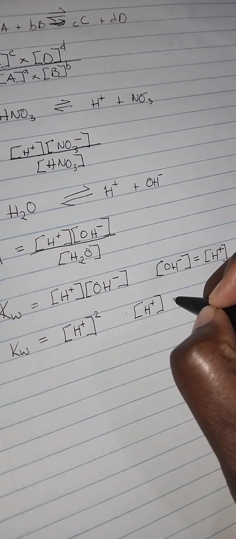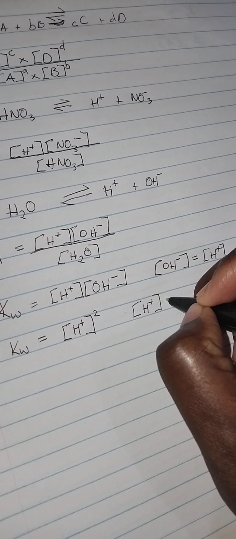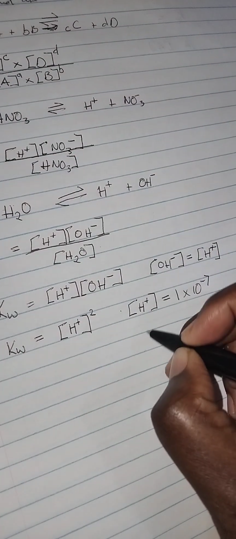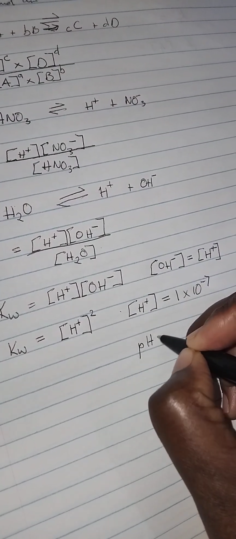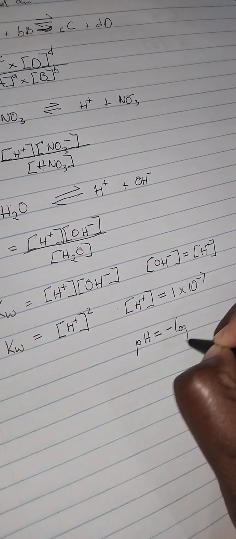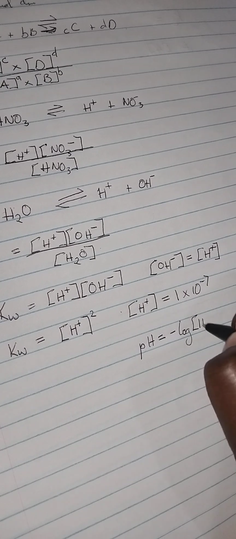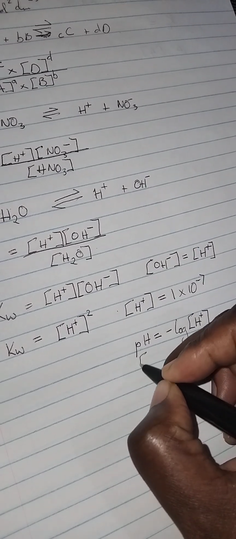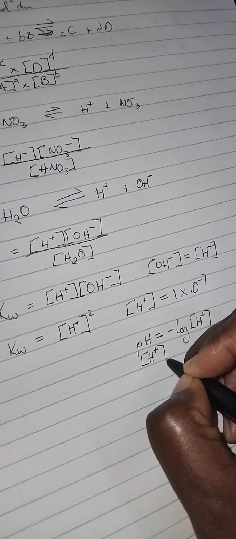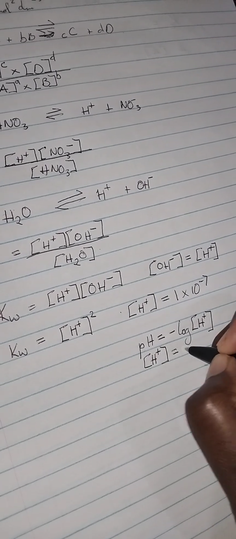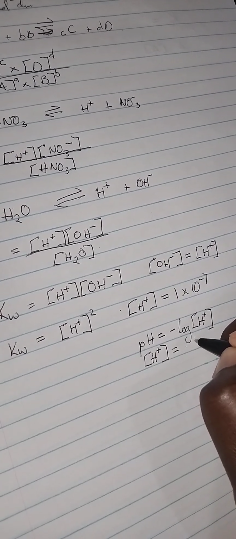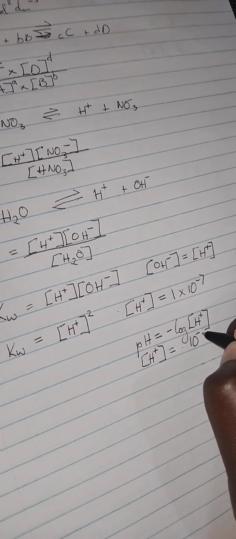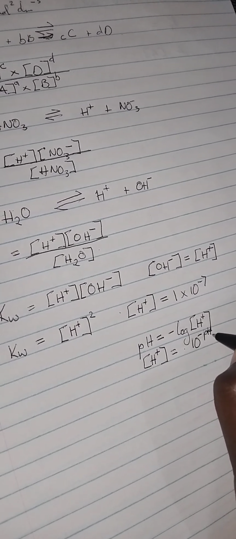So we say the concentration of H is 1 times 10 to the minus 7, because if pH is equal to the minus log of the concentration of H plus, we know that the concentration of H plus is equal to 10 to the minus pH, so the value of pH there, right?